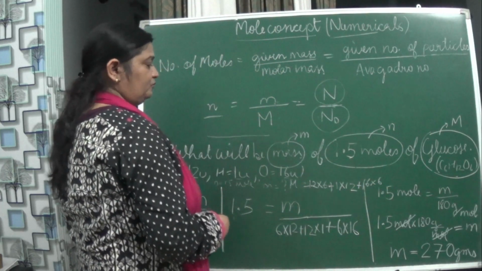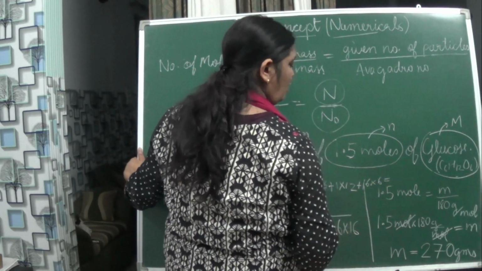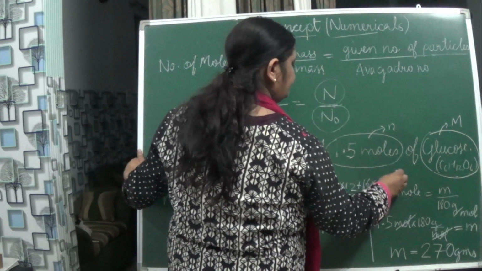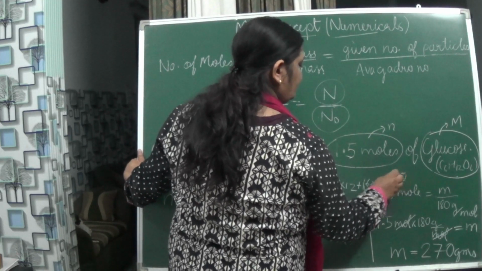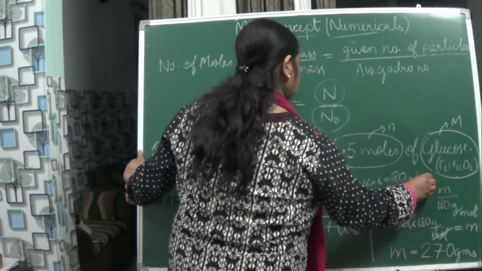When you take out the molar mass, you will get 180 gram per mole.